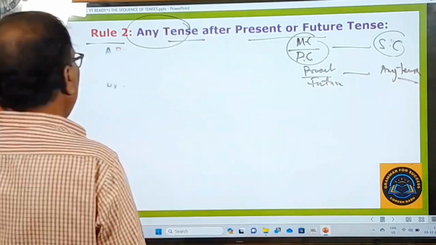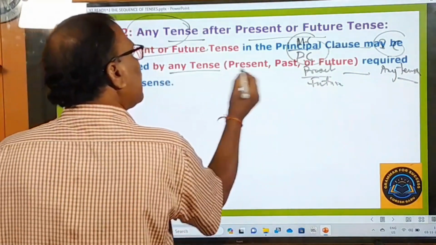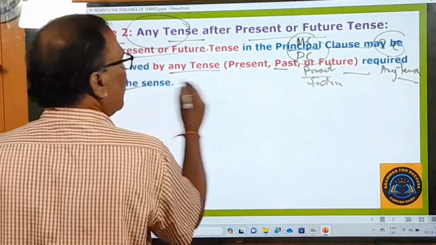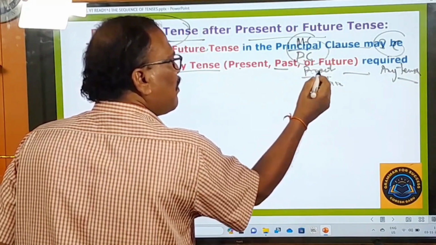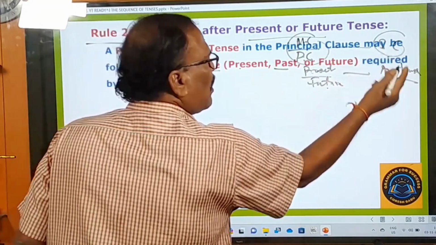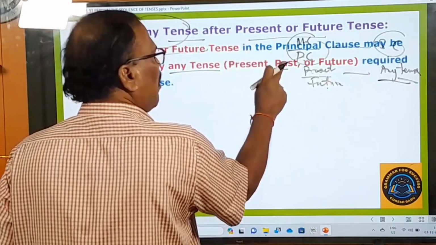This is what you understand. Here you put present tense or future tense in the principal clause, followed by any tense, present, past, or future, as required. So when there is present tense or future tense in the main clause, in the subordinate clause any tense can be there. There can be present tense or past tense or future tense.